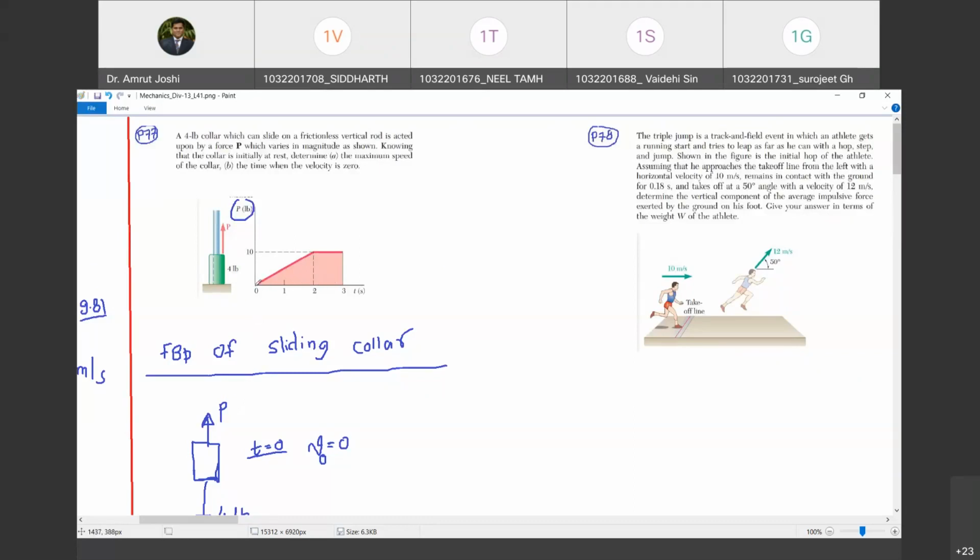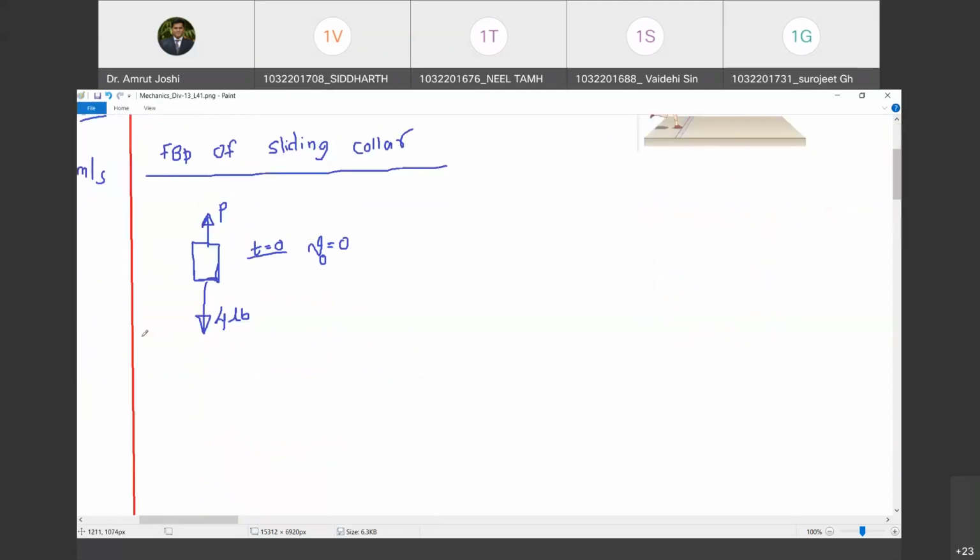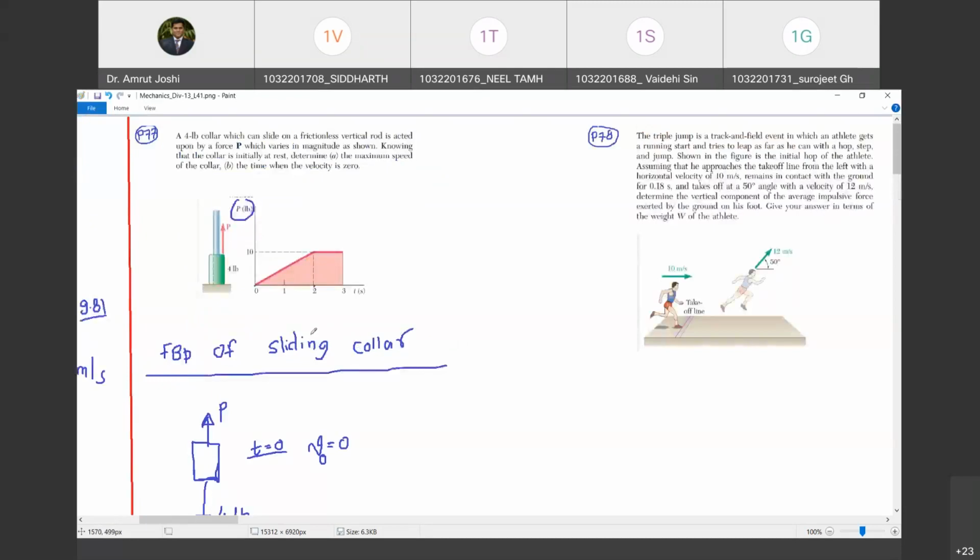So let us assume that the velocity becomes 0 from 0 to 2 seconds first. So we will be solving part B first. Let us solve part B: determine the time at which the velocity is going to become 0.